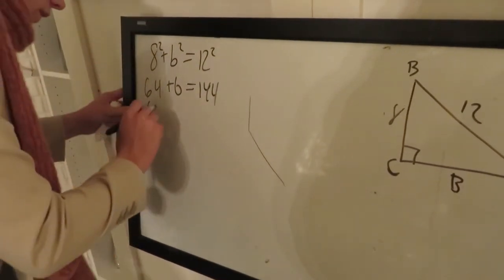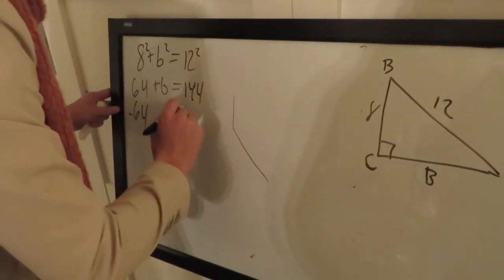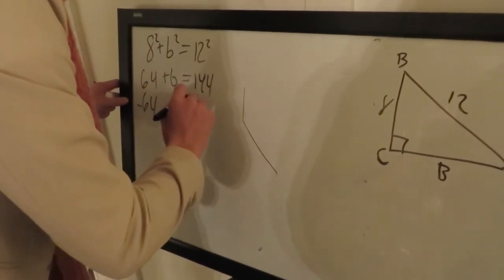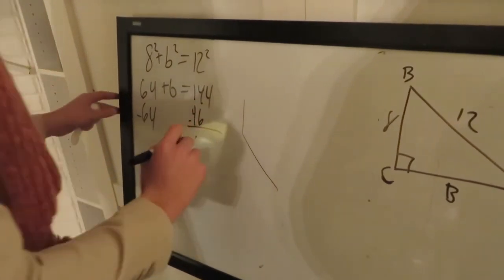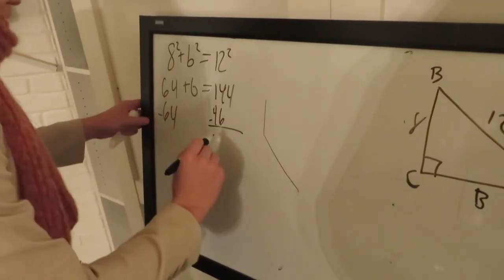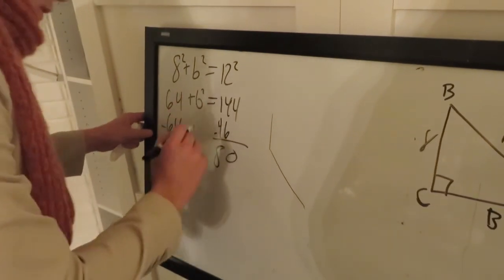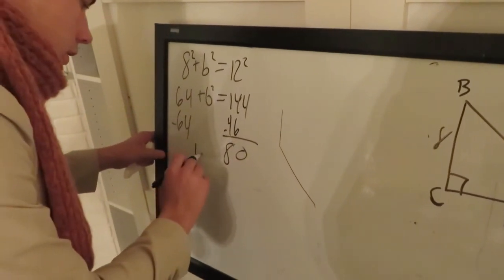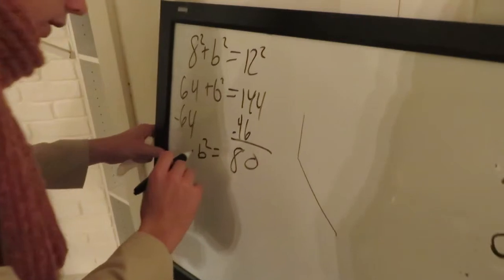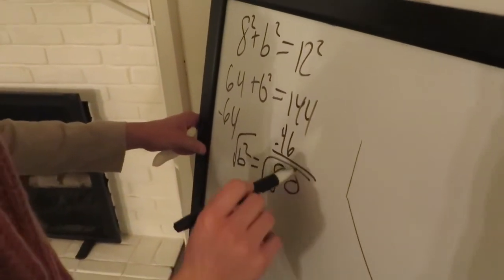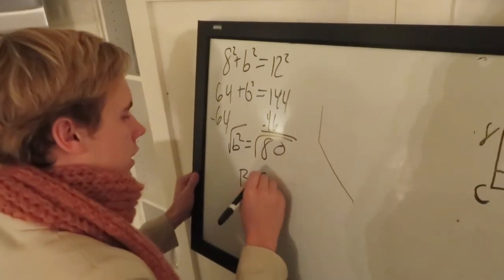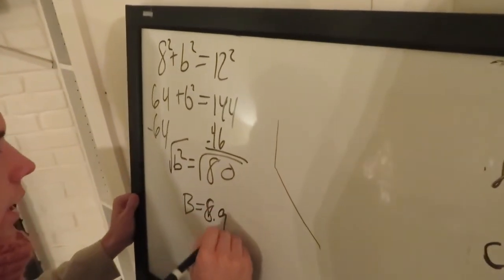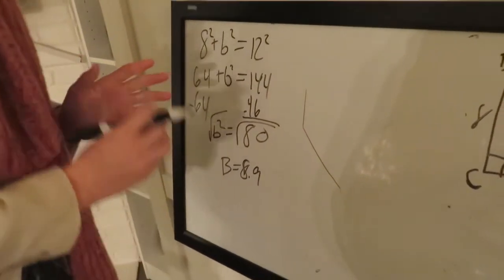Next, you do 144 minus 64, which gets you 80. So then b squared equals 80. Find the square root, and the answer is b equals 8.9. That's the first part.